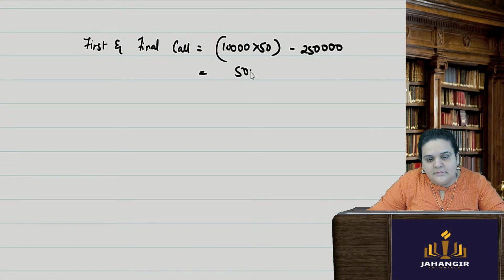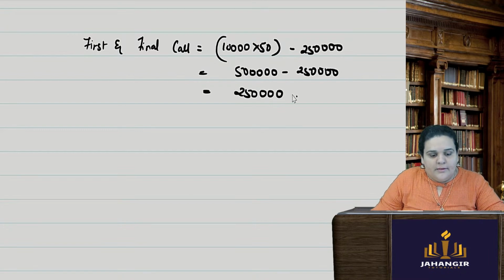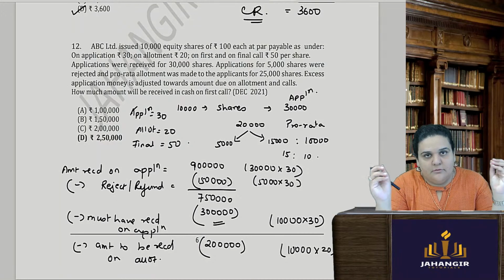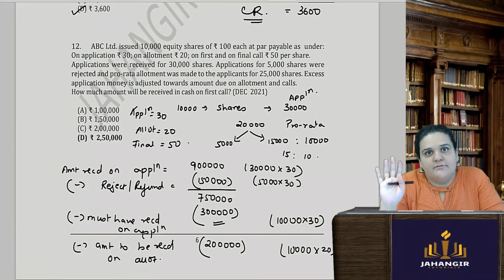So 5 lakhs minus 2,50,000 will be equal to 2,50,000. Okay, how did I get that? Application money actually received 9 lakhs. I again refunded from that 1,50,000, I don't want them. What should I have actually received on 10,000 shares? I should have received 10,000 into 30, that is 3 lakhs.